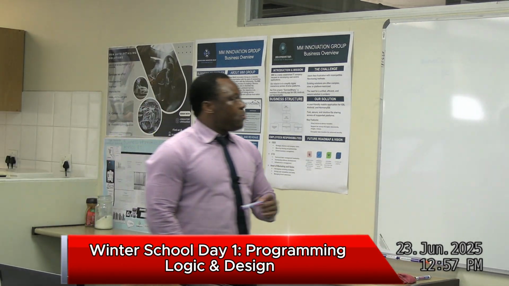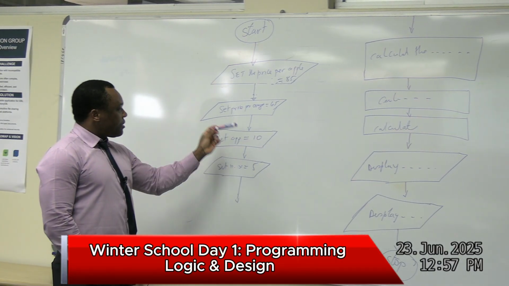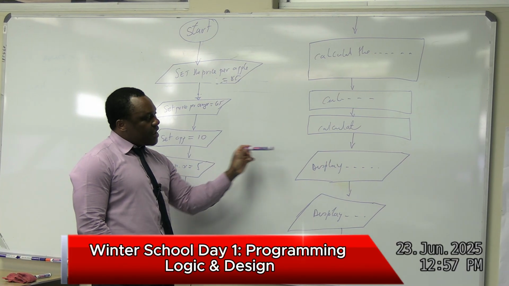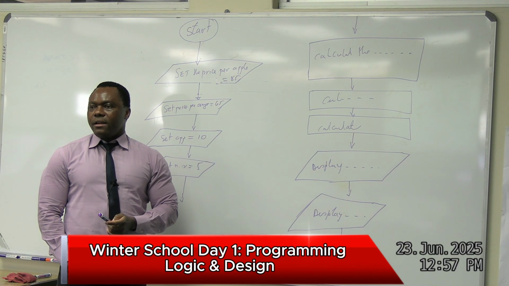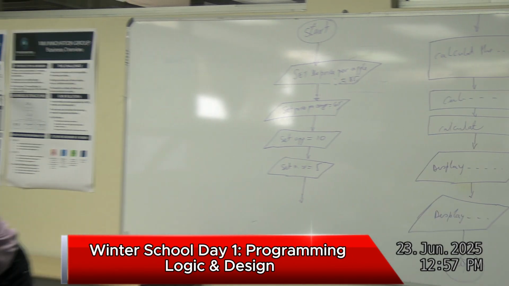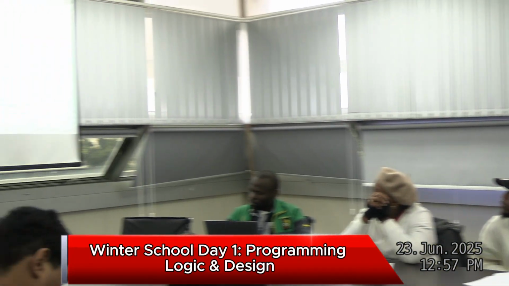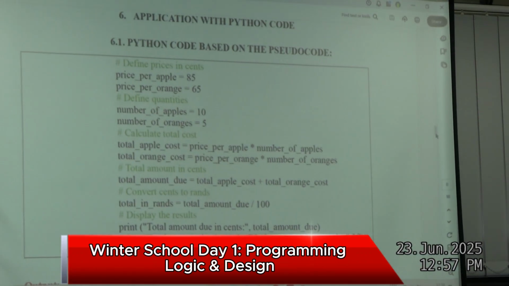Because you will be following all these things: enter this, enter this, enter this, enter this, calculate, calculate, calculate, display, display, and so on. This is what on day 4, that Thursday, we will put in practice, the code of the first problem that has been solved.